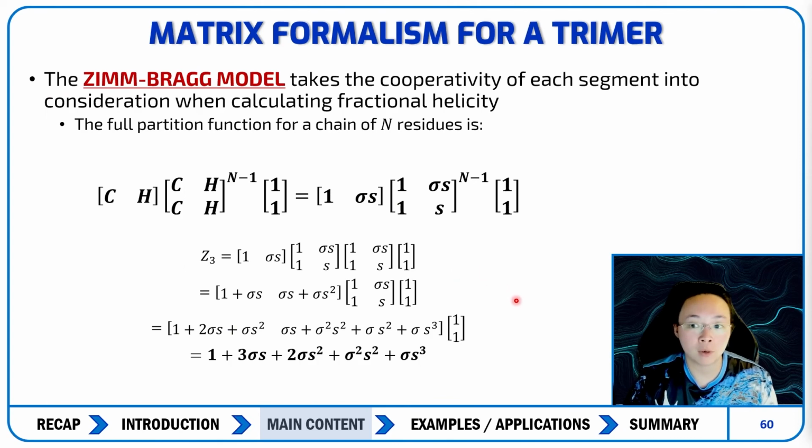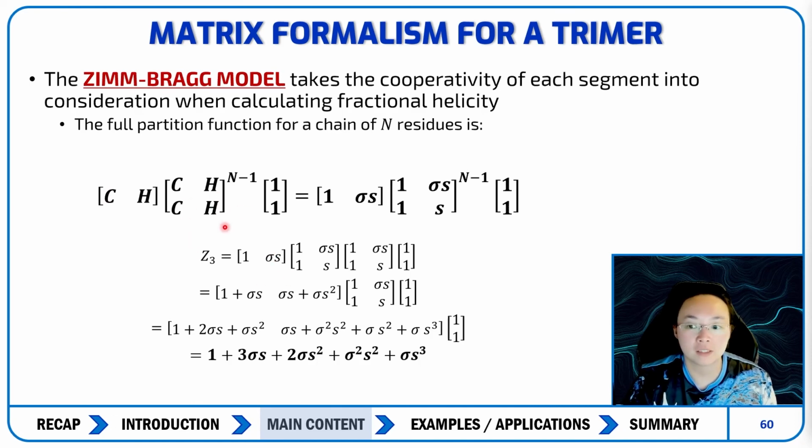The Zimm-Bragg model takes the cooperativity of each segment into consideration when calculating fractional helicity. So you can write the full partition function for a chain of n residues using these matrices. You have C and H in the first one to represent the statistical weight vector, and then over here, which would be like 1 and then sigma s like this.